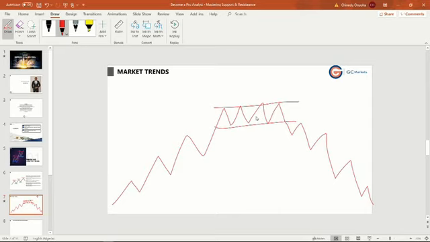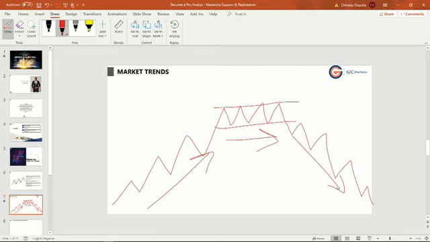Now the moment price breaks above here, this level becomes support as far as price is above it. So once price is up in this region, this previous level becomes a support. So you now see that former resistance has become present support. And now you might see price come back and test that level. So what was keeping price down here is now what is keeping it up here.